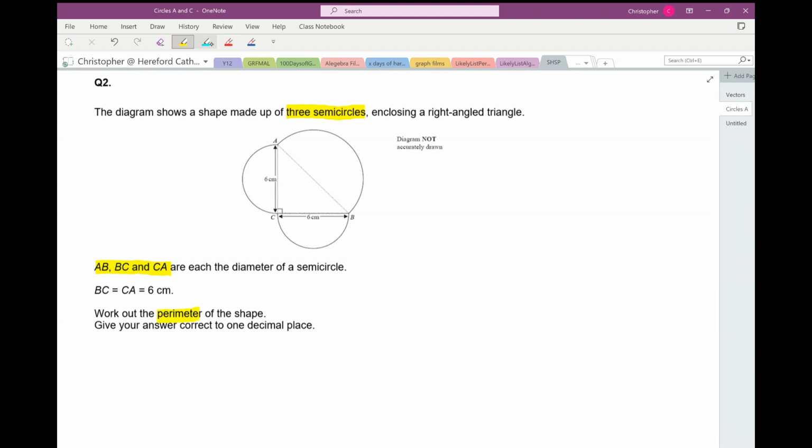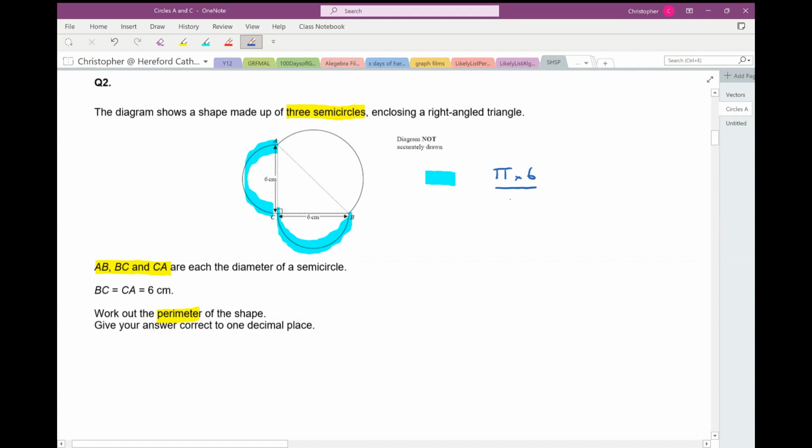First of all, I think I can work out this length here and also that length, because each of those blue lengths is half a circumference. So the circumference of the circle is pi times the diameter, and the diameter is 6, pi times 6, and each of those is a semicircle.